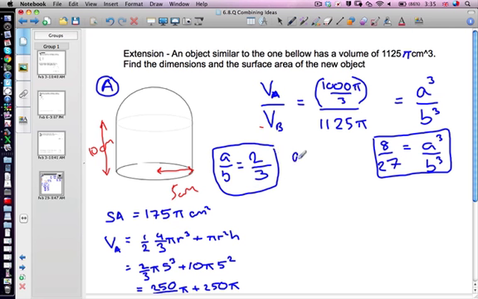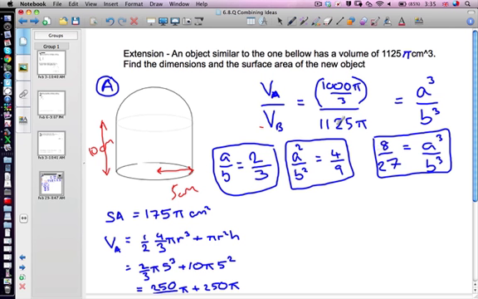We can also find a squared over b squared, which is the ratio of the areas. Now that is in the ratio 4 over 9. So it doesn't matter which one we work out first. In this example, we worked out the ratio of the volumes. We used that to get the ratio of the lengths and the ratio of the areas. But if I started with any one of these, I could work out the other three.